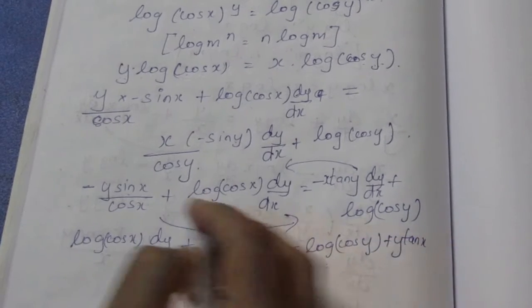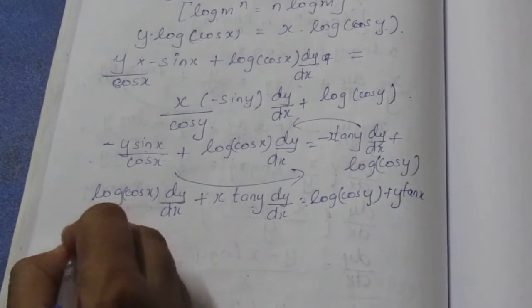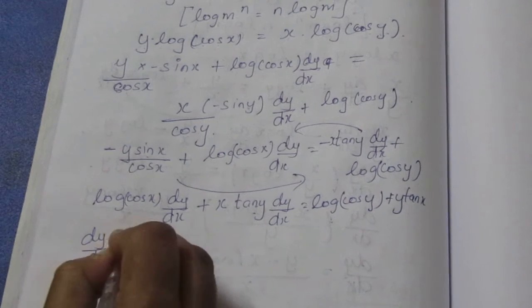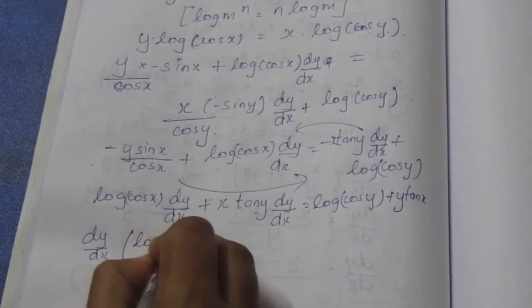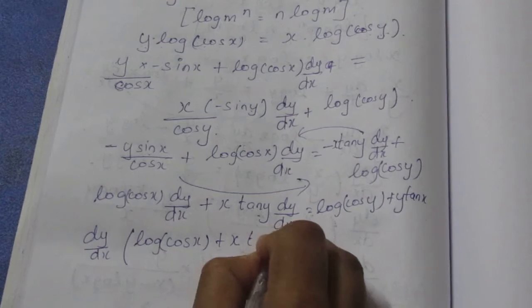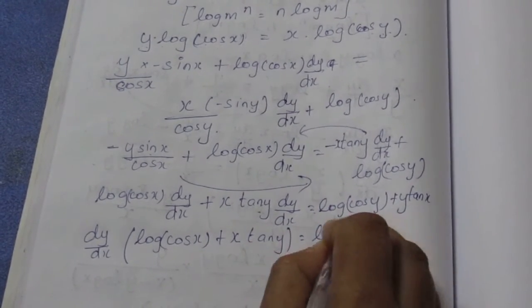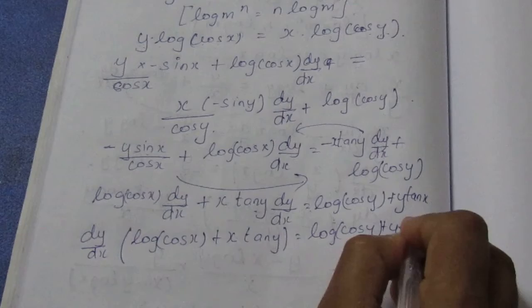I will write this to be tan x. Now taking dy by dx common, here it becomes log cos x plus x tan y equal to log cos y plus y tan x.